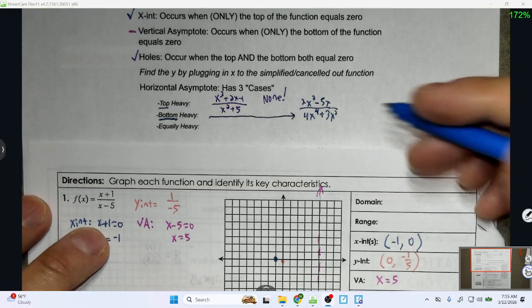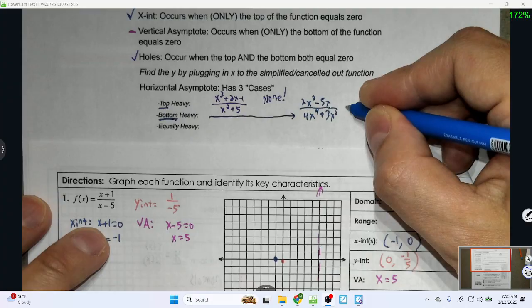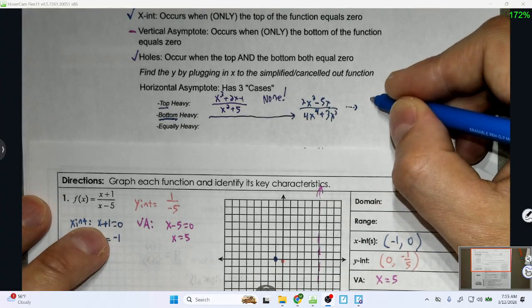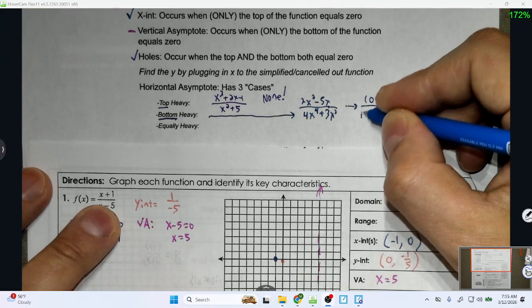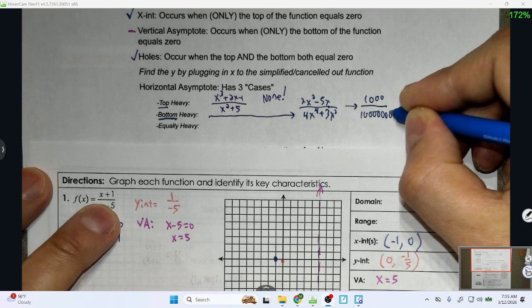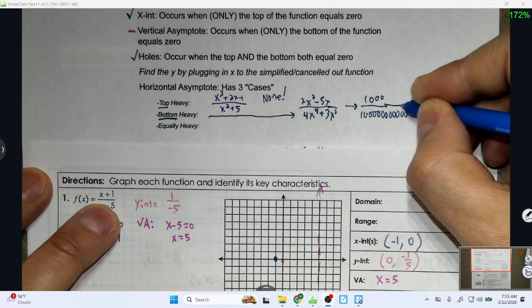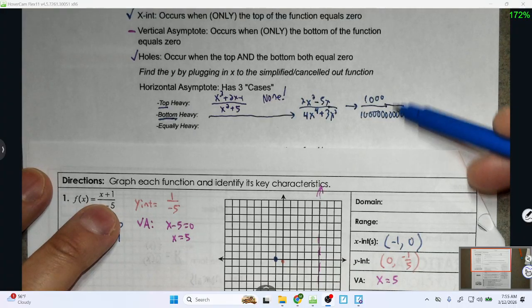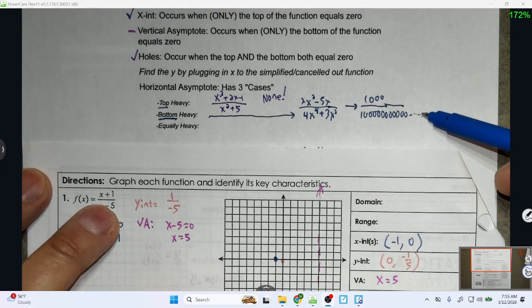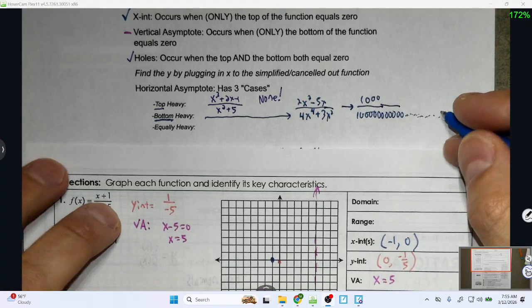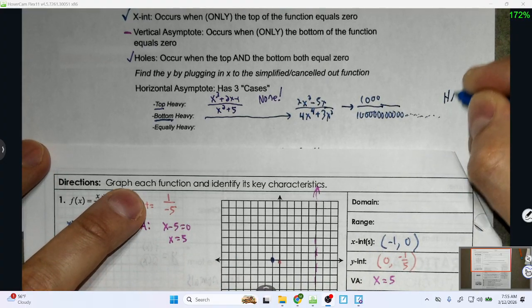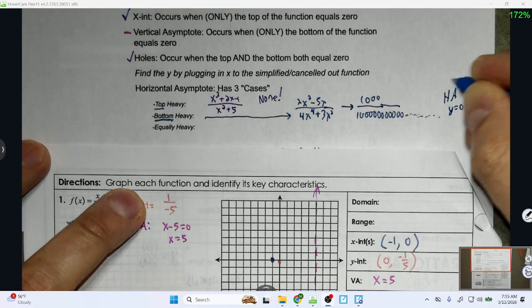If the bottom has a high power, what's going to happen is you're going to have some number, let's say 1,000, over a bajillion, right? What will eventually happen if this has so many zeros? Eventually, you'll get a horizontal asymptote at y equals 0.